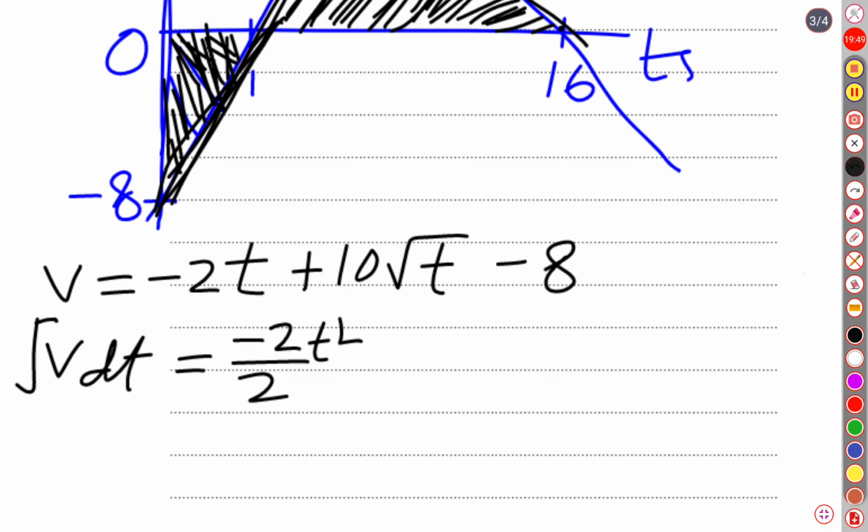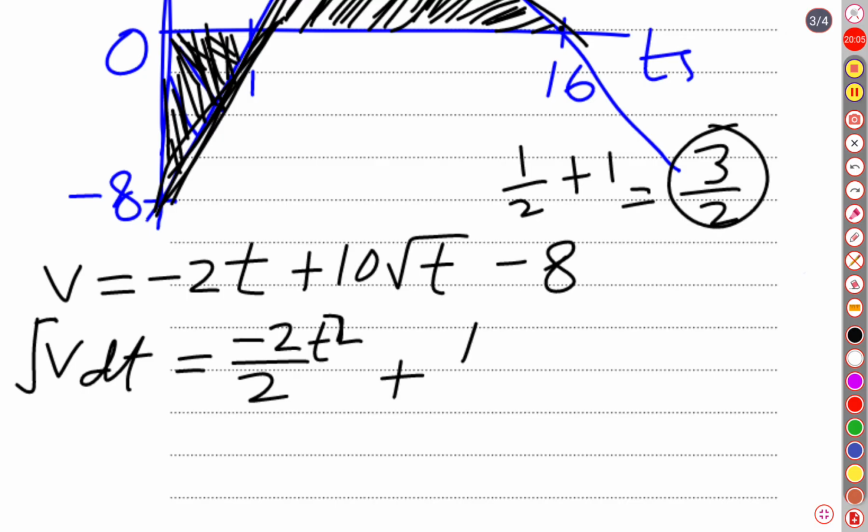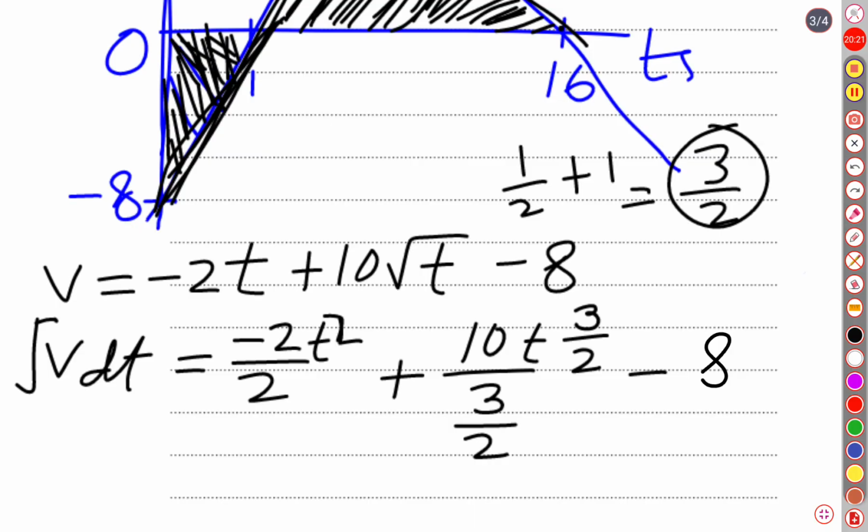Plus, here the exponent is half. Half plus 1 equals 3 over 2, and this goes downward, 10 over 3 over 2, and t raised to 3 over 2. And the integral of 8 is 8t, plus a constant.